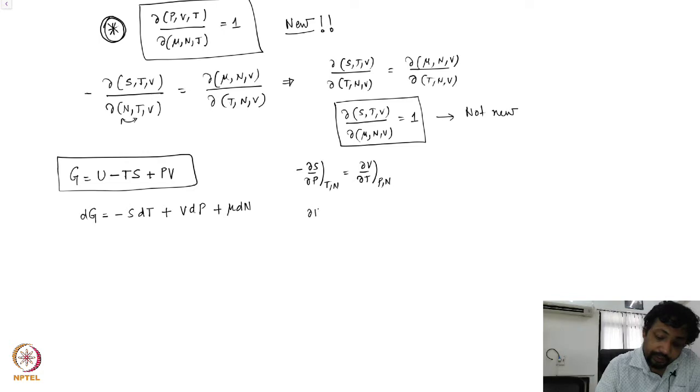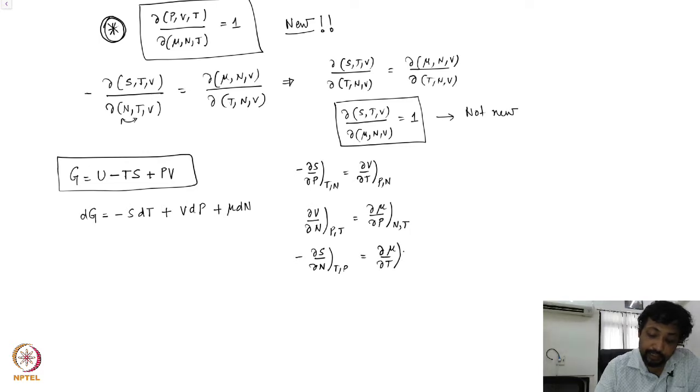Then you have del V del N, P and T held constant, equal to del mu del P, N and T held constant. Finally it is minus del S del N, T and P held constant, equal to del mu del T, N and P held constant.